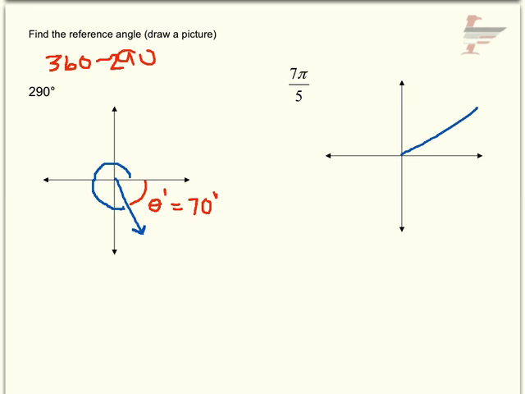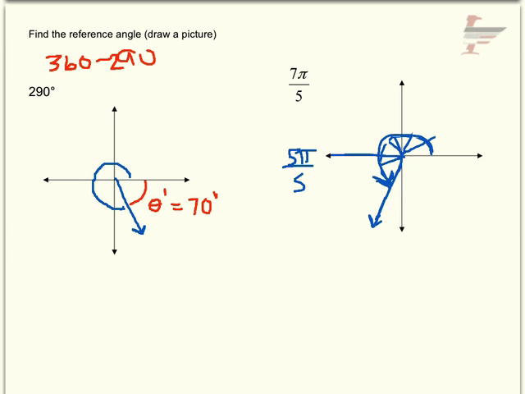So 1/5, 2/5, 3/5, 4/5, 5/5, 6/5, 7/5. So there is 7/5, and I'll erase some of these lines here so you can see my terminal side standing out. So again, I know this is 5/5 because that's 1 pi.